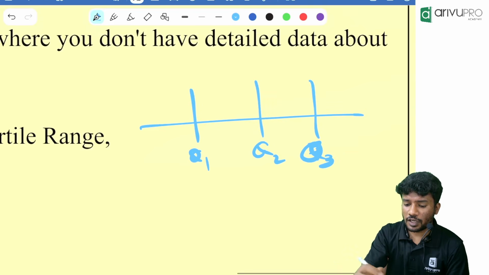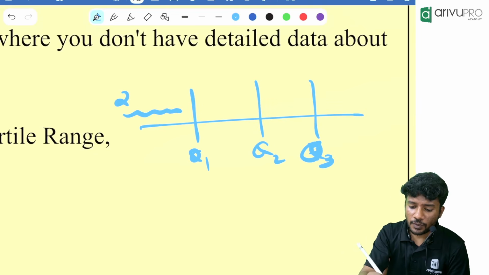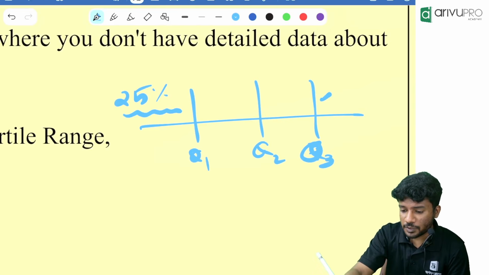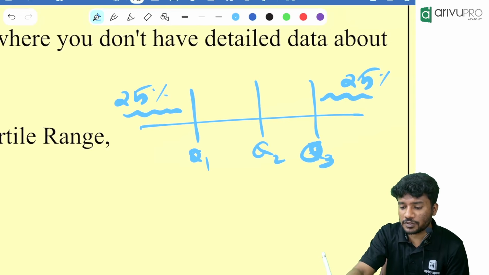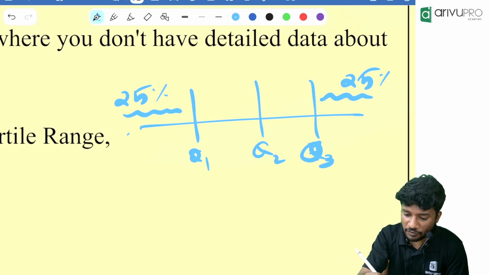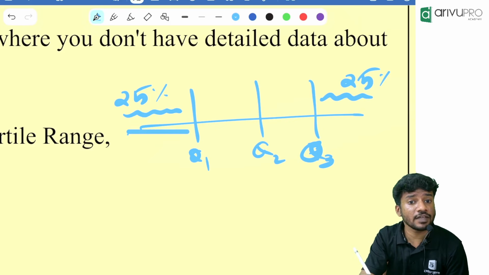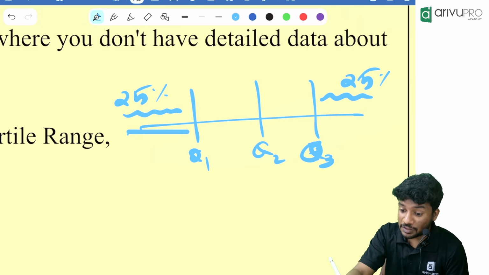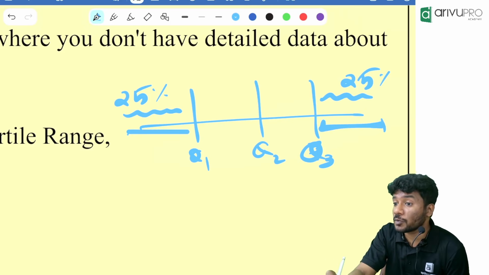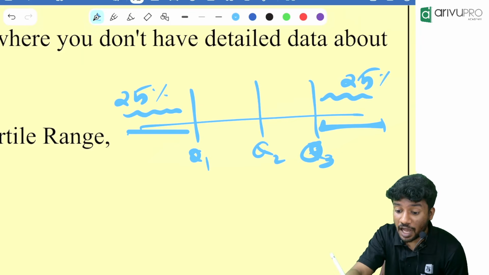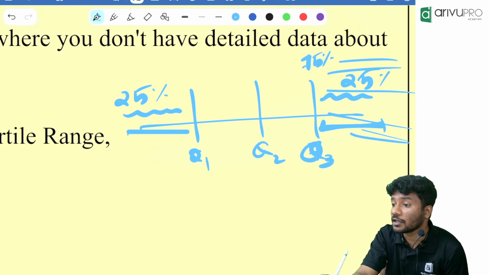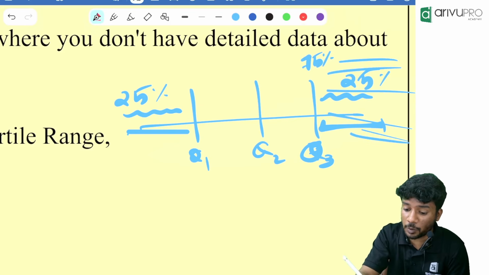This much is how much? 25%, correct? This much is also 25%. So the first 25%, are we bothered in quartile deviation? No. The final 25%, are we bothered? No. That means after 75% of the data, we are not bothered in quartile deviation. What are we bothered about?